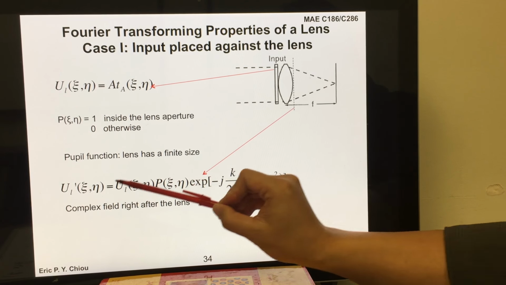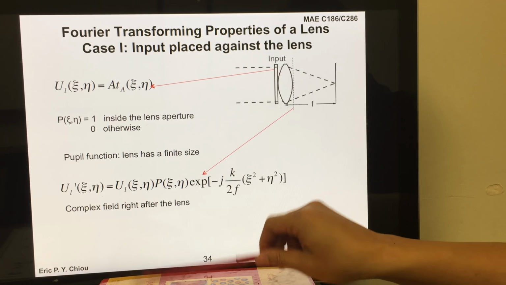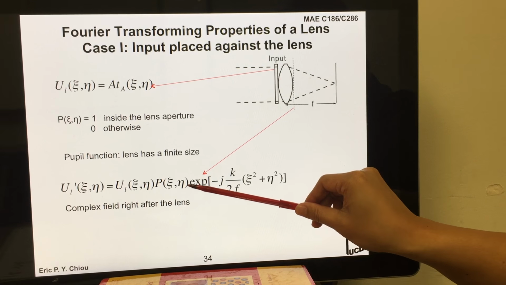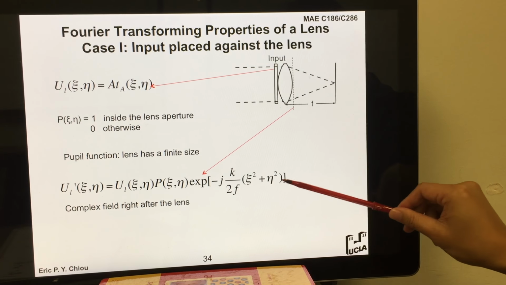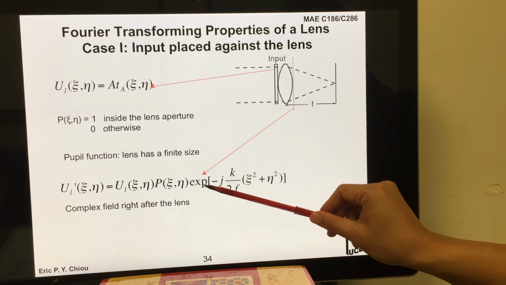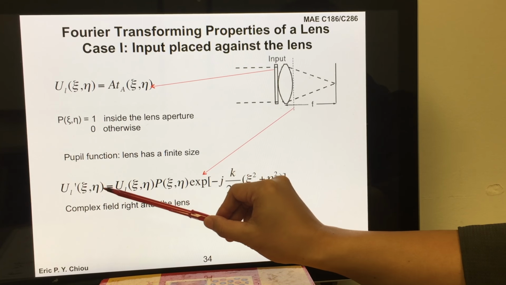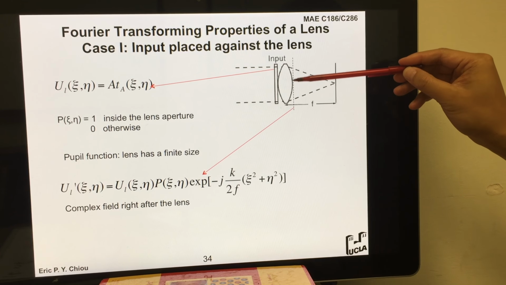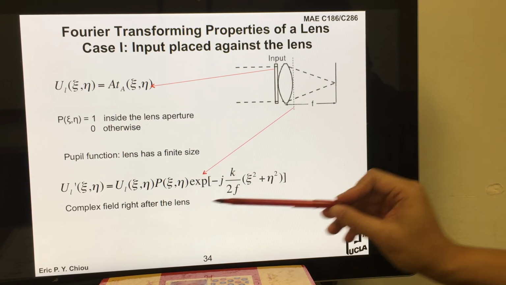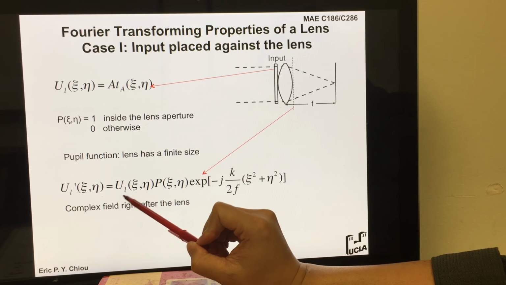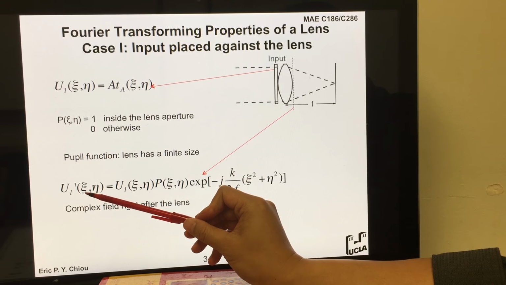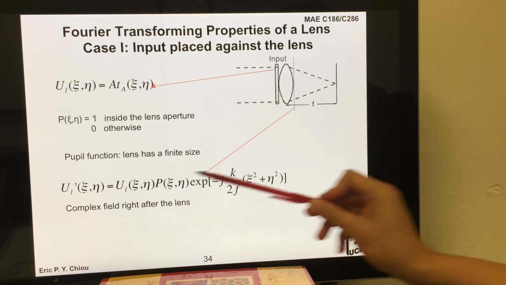So this will be the function you have in front of your lens. Now, the lens will introduce an extra quadratic phase term. So this is the function you have right after this lens.